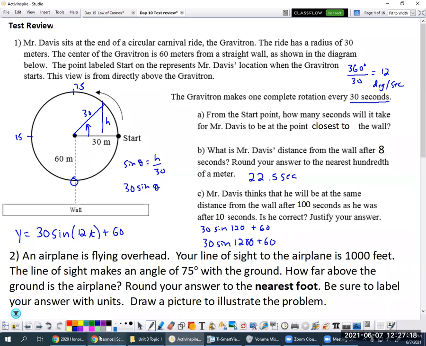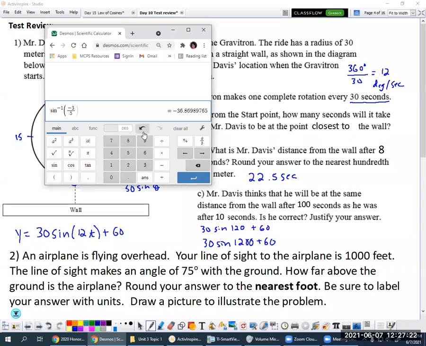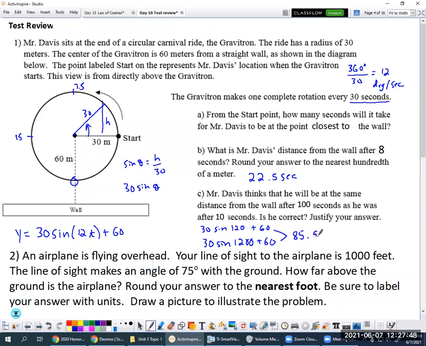I'm going to use the Desmos calculator because I think that's what most of you are using. 30 sine 120 plus 60 and 30 sine 1,200 plus 60. And you can see that both of these are exactly the same, 85.98. And that's also my justification.